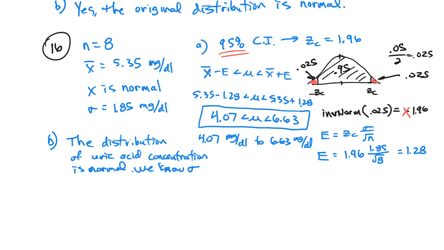We'll find out in 7.2 that if the first part is correct but we don't know sigma, we have to use a different type of distribution. But for now, in 7.1, they're going to give us sigma, and they tell us this right in the problem. It says the distribution of uric acid in healthy adult males can be assumed to be normal. Okay, so that takes care of part B.